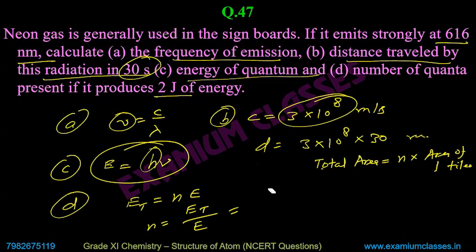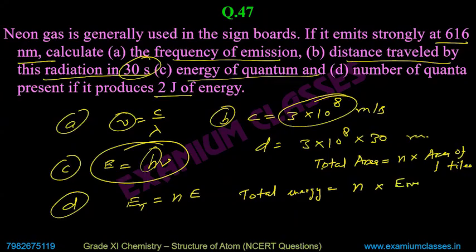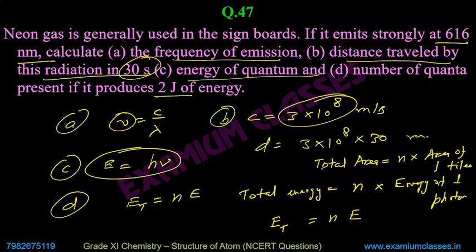Similarly here, total energy is equal to number of photons into energy of one photon, meaning E total is equal to N E, where E is h nu. It is actually the same formula; h nu I have written as E. From here you will get N equals total energy divided by energy of one photon.